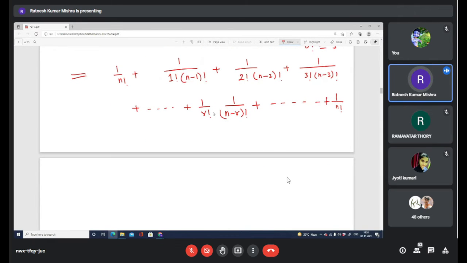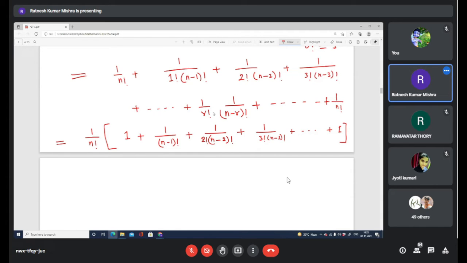So now take the common 1 by n factorial. So first term 1 plus 1 by (n minus 1) factorial plus (n minus 2) factorial, 1 by factorial 3 (n minus 3) factorial, dot plus 1.